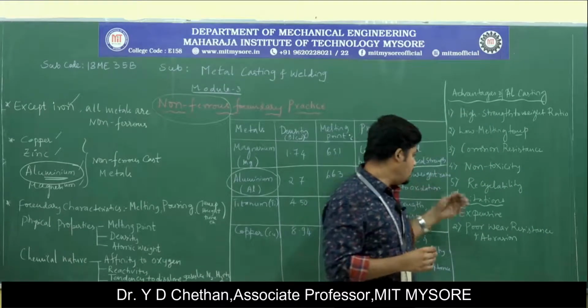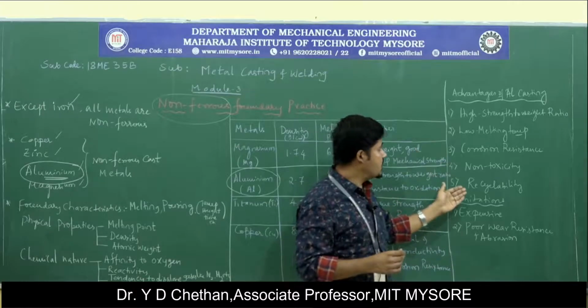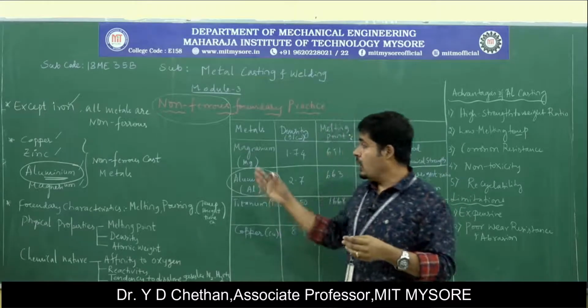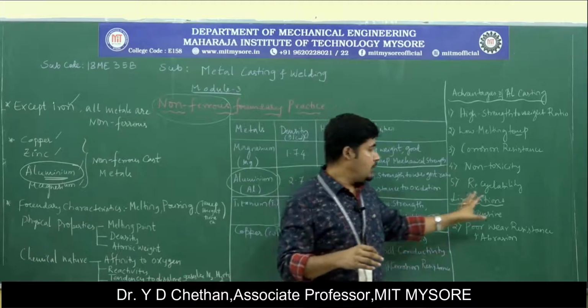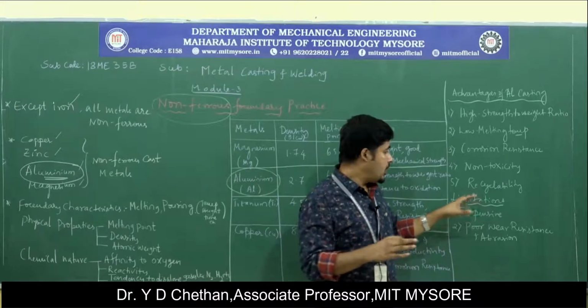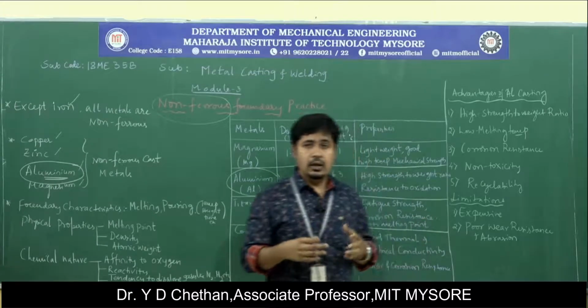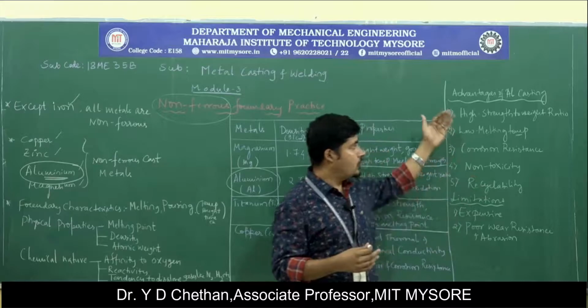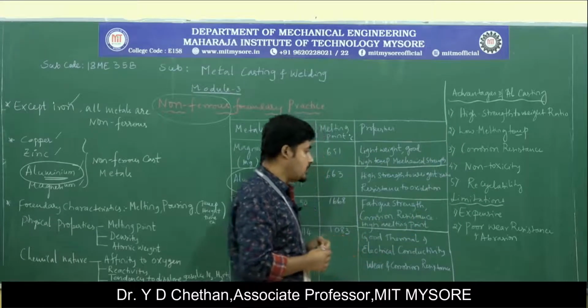Okay. Then the next advantage is that this particular non-ferrous cast metal could be recycled. It has got the ability to recycle the metals, that is recyclability. That is one more advantage of having aluminum in the casting process.